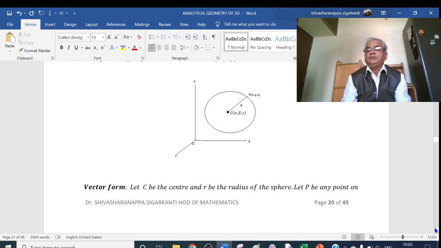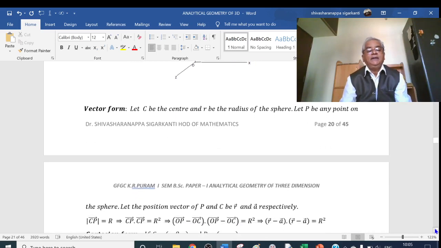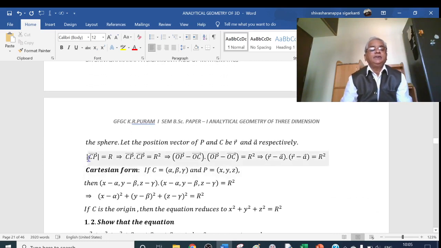So the vector form of the equation of the sphere whose center is at the point alpha, beta, gamma and radius is r is given by mod of CP equal to r. Or squaring, CP dot CP is equal to r square. What is CP? CP is nothing but OP minus OC.